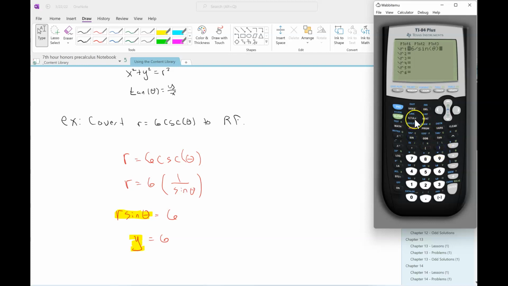And you'll notice when I press the variable button, now I get thetas instead of x's because I'm in polar mode. The calculator does it automatically for me. And then we're just going to do zoom standard. I probably reset my window at some point. Here's my nice horizontal line, y equals 6, like we expected.